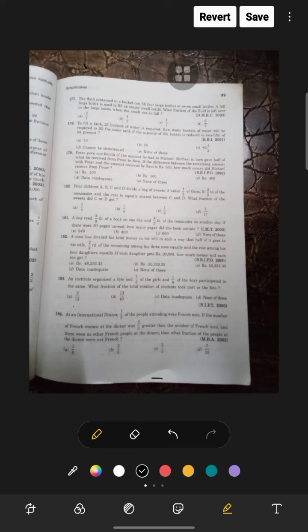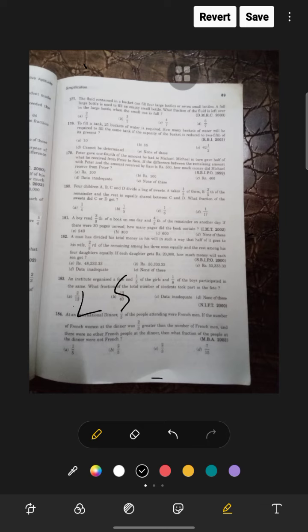To fill a tank, 25 buckets of water are required. How many buckets of water will be required to fill the same tank if the capacity of the bucket is reduced to 2/5 of its present capacity? So 25 buckets are required, and it's asking how many buckets will be required if the capacity of the bucket is reduced to 2/5.